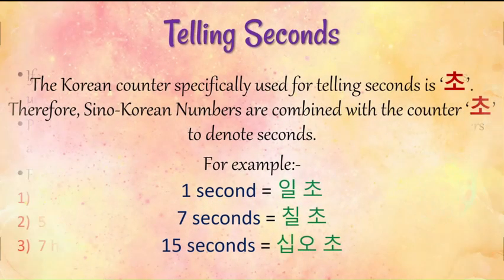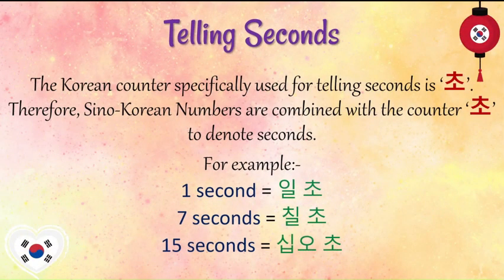Okay, now let's see how you are going to say seconds in Korean language. So the Korean counter that is used for telling seconds is 초. And Sino-Korean numbers are combined with this counter to denote seconds. For example, you have to say 1 second. So 1 in the Sino-Korean number system is 일, and the counter is 초.